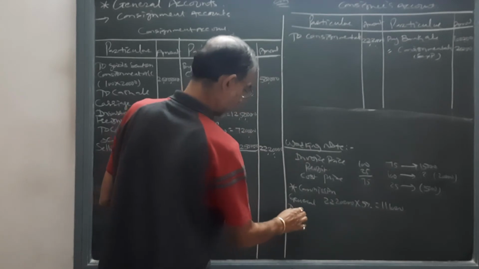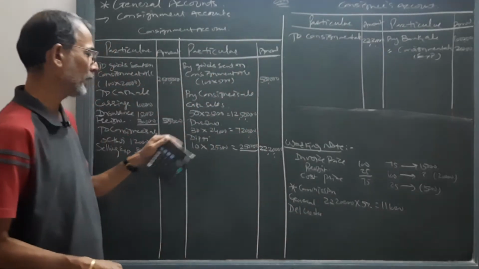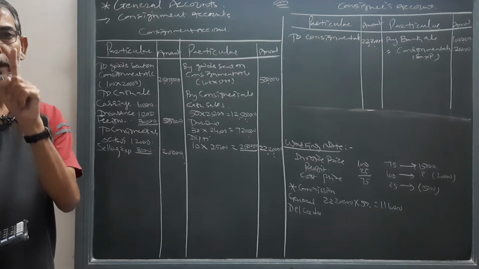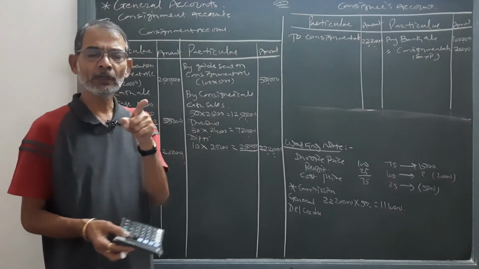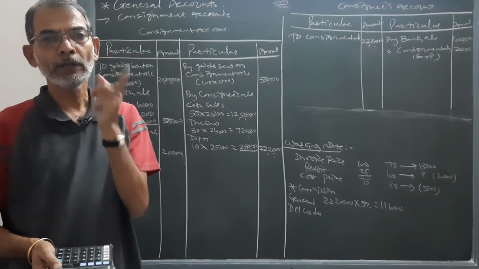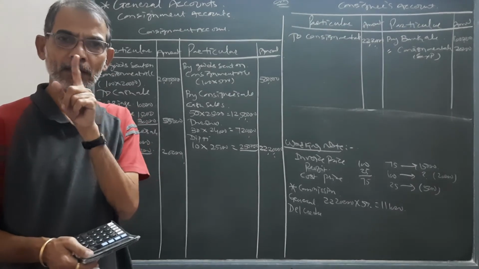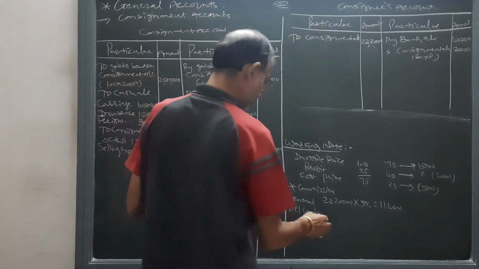Del Credere, that will be taken only on sale of Darshan, because sale to Darshan is the risk of consignee. So only on that sale he will get extra commission, that is Del Credere commission.